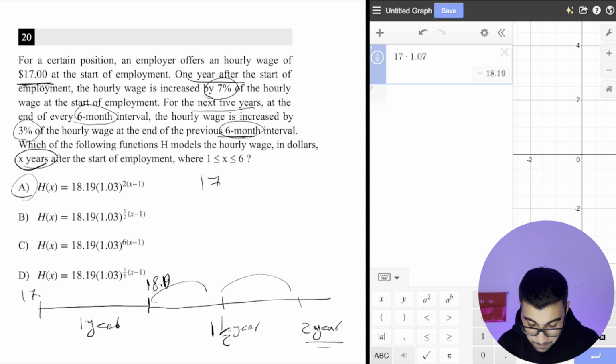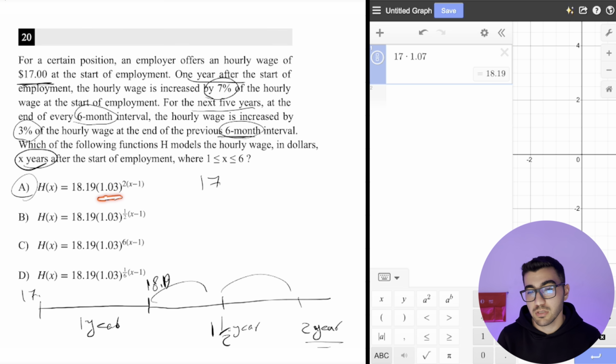And the other ones, if you put 1.5, you're going to get half times half, you get 1/4, then 1.03 to the 1/4 power is going to give you a completely different rate of increase. So you want to find the choice that when you plug the x in years, the exponent should be 1, because your rate is correct here.